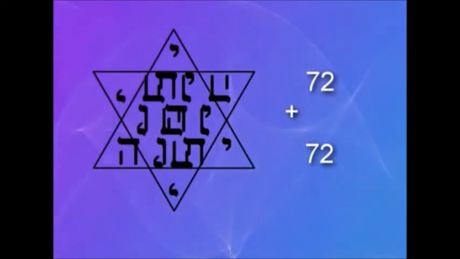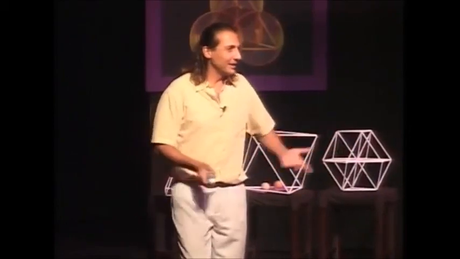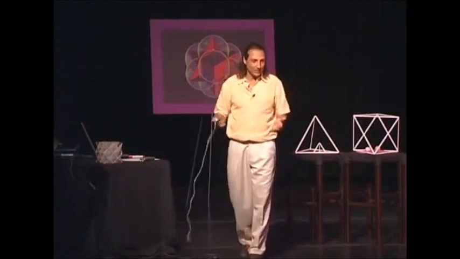72 twice is 144. 144 is in the book of Revelation as a very important number for the new and the changes of the new world.